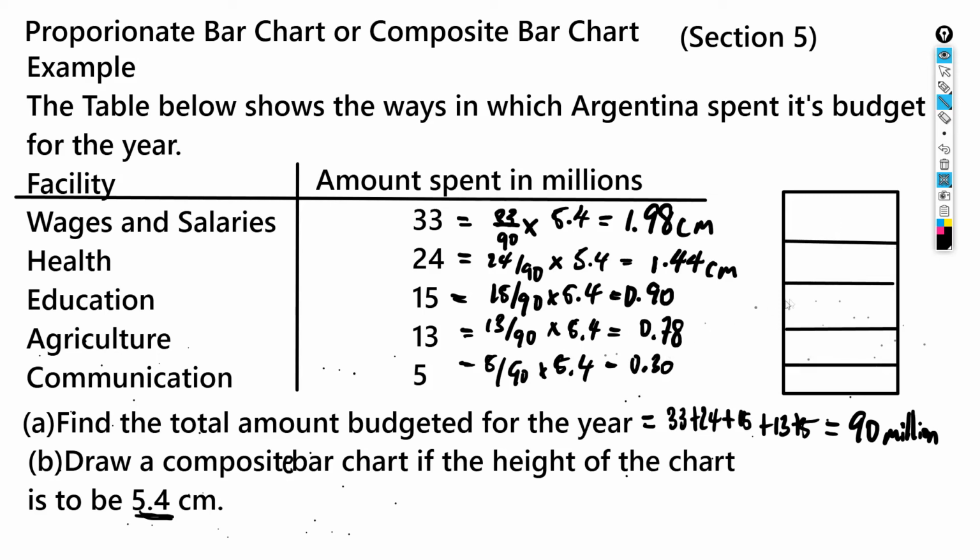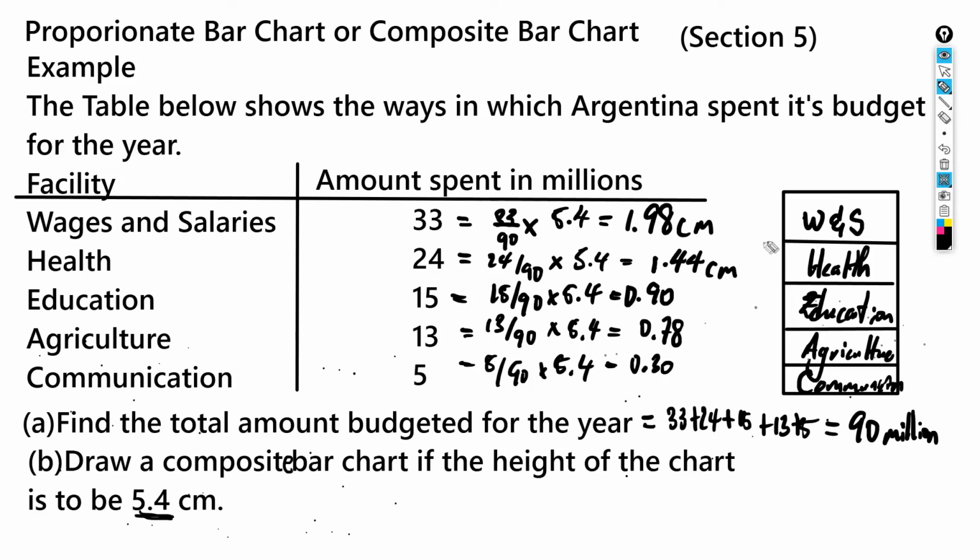Let's draw that on the diagram to finish up. This one is wages and salaries. This is health. This is education. This is agriculture. And the last one is communication.